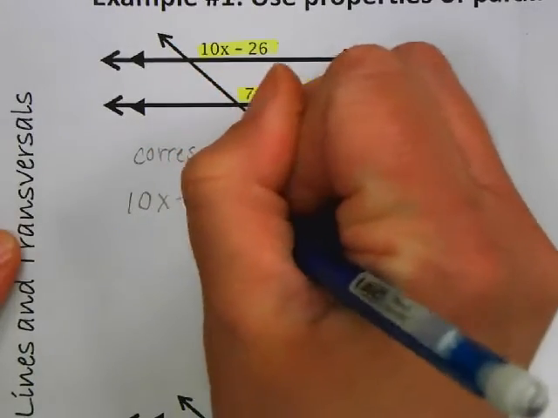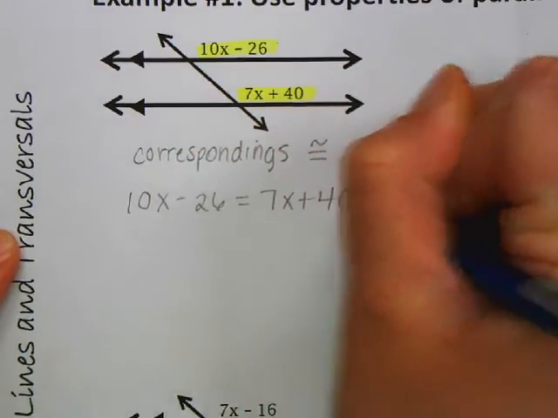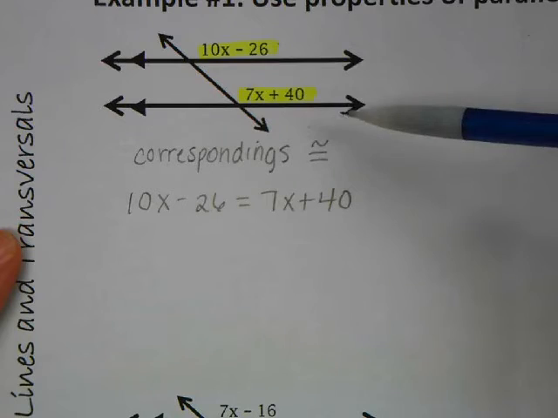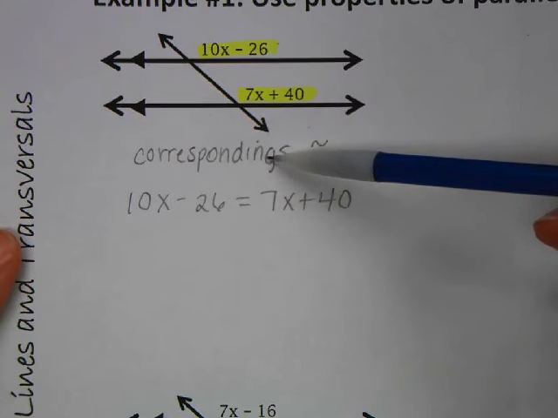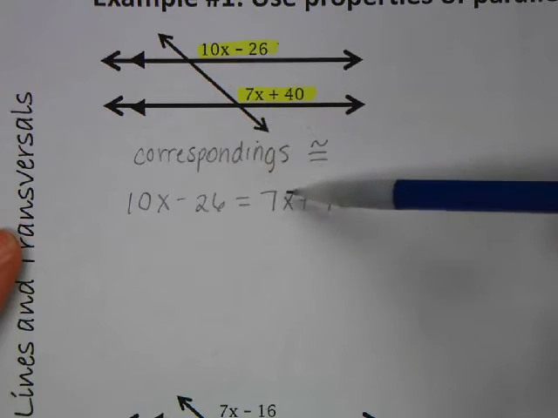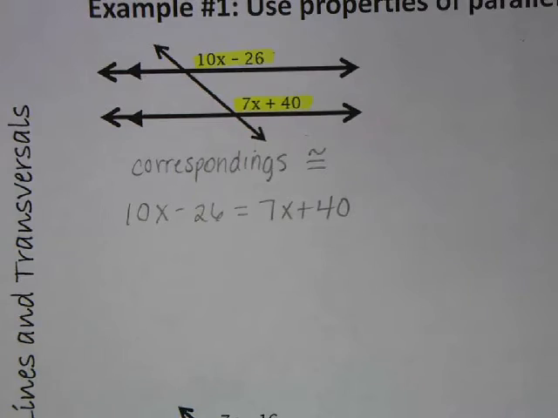So 10x minus 26 is going to equal 7x plus 40. So again, first identify which type of angles they are, and then figure out if they are going to be equal measures or if the angles are going to be supplementary.